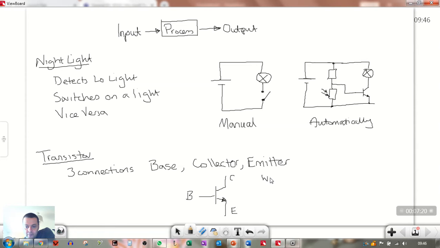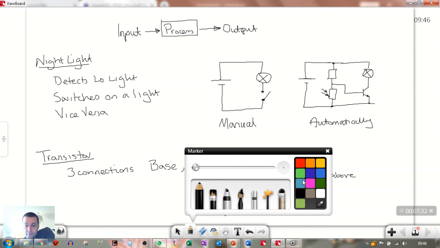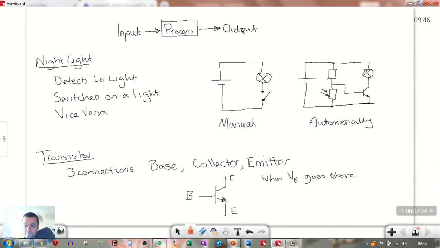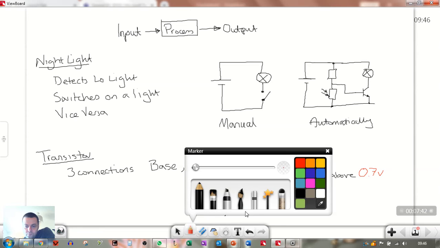So when base voltage goes above, and then there's a really important number, 0.7 volts, right?